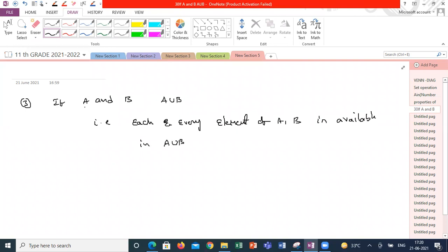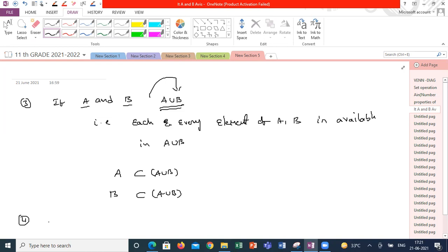You're uniting the elements of A and the elements of B and writing them as a set, which is called A union B. This property I already discussed. Since each and every element of set A is contained in A union B, A is a subset of A union B, and B is also a subset of A union B. This is the third property.